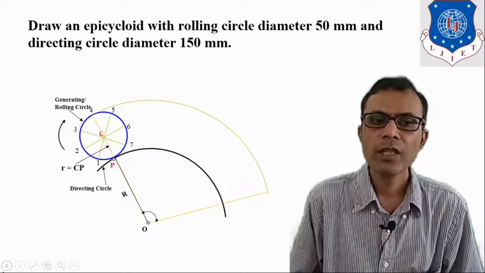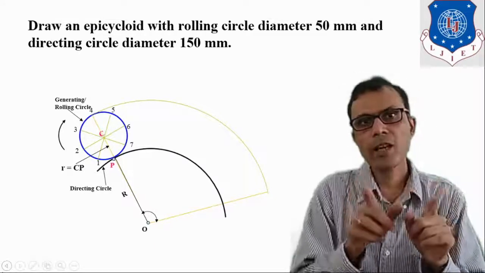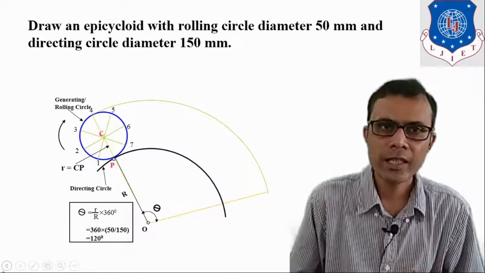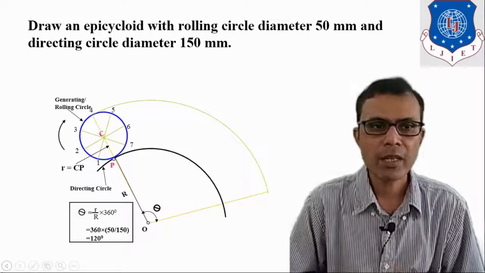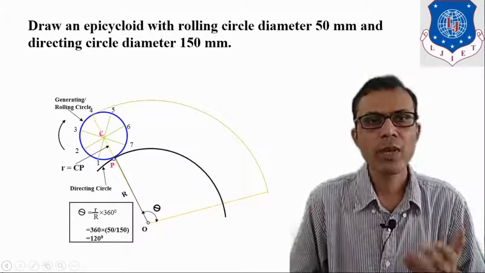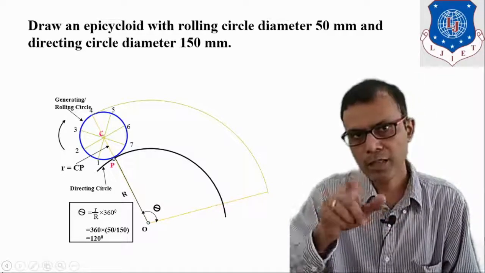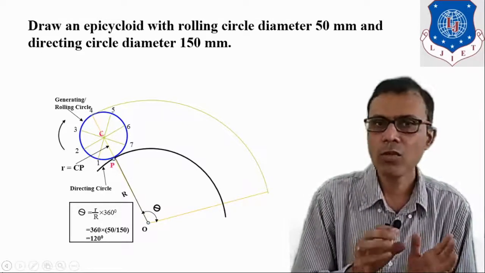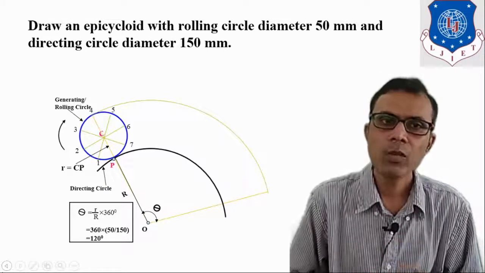Then from each and every division we will draw an arc. We have to consider theta equal to 120 degrees because only that much portion is covered by one rotation of the rolling circle.